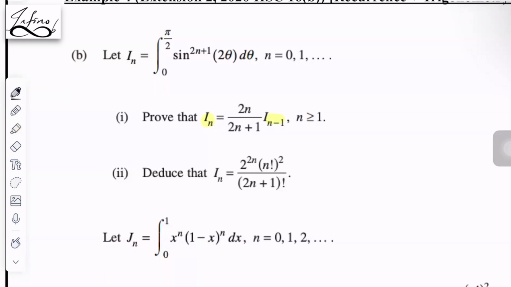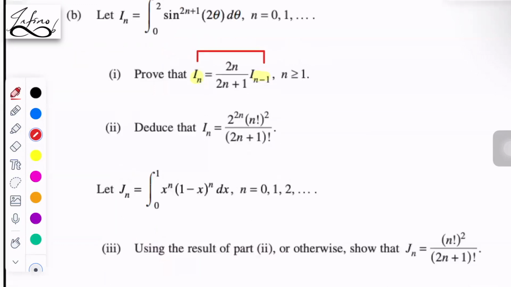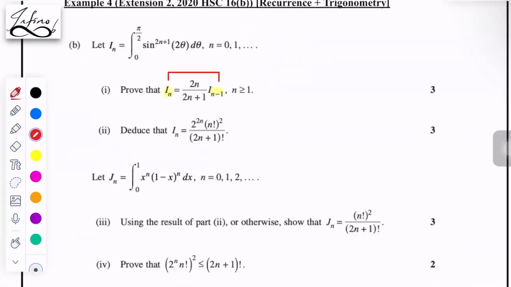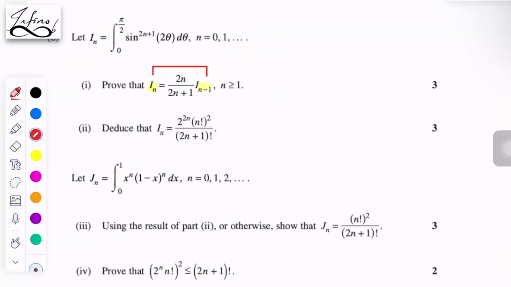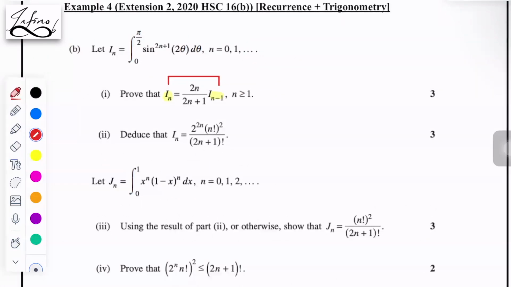This is a pretty straightforward, common question type of recurrence that correlates In and In minus 1. Nothing special. If you have already watched the previous 3 examples, then the first part should be easy breezy.